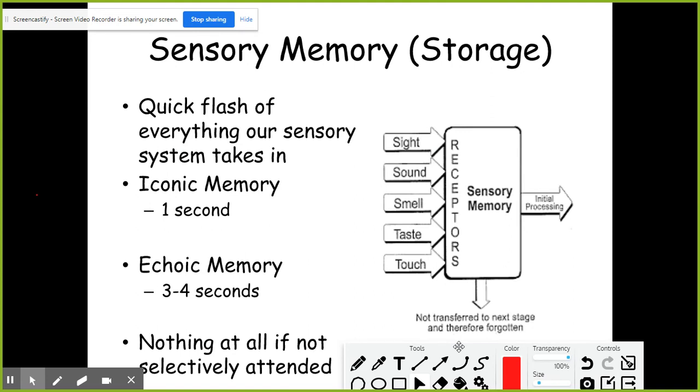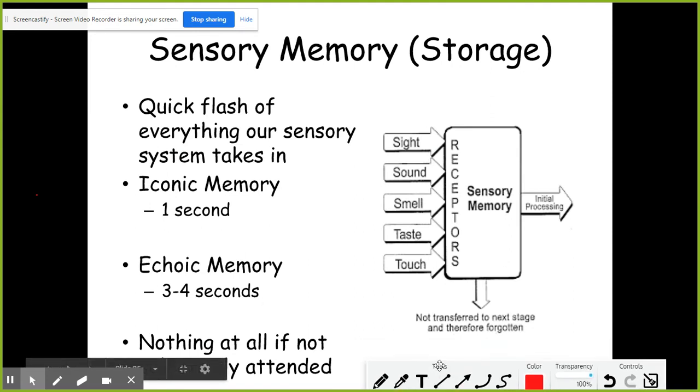So there are two types of sensory memory that you need to know. Iconic memory. Anybody have a guess what iconic memory might be? What sense do you think it would be?